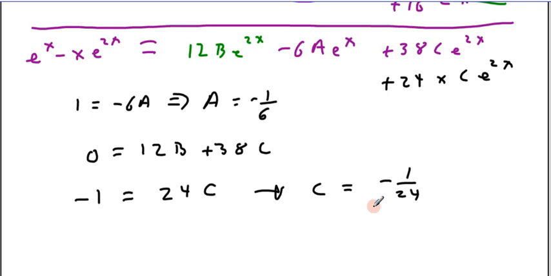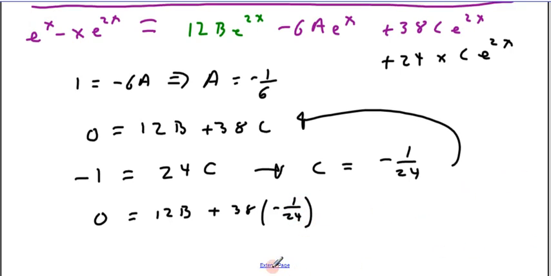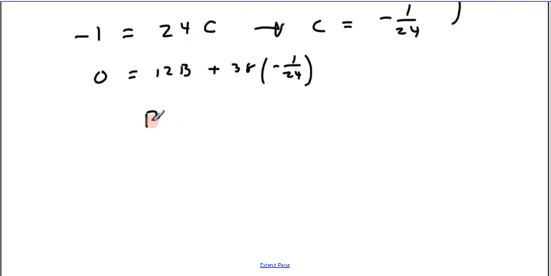We can put it back in there, and we can say 0 is equal to 12b plus 38 times minus 1 over 24, and put that in our calculator, mess it around some, we get b is 19 over 144.